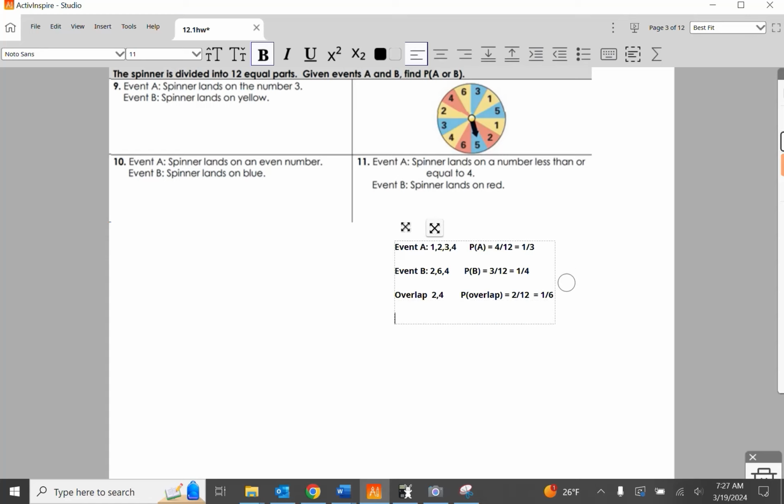So we're going to follow our little formula where we take away this overlap. And I want the probability of A or B. Probability of A or B is going to be the probability of A plus the probability of B minus the probability of both.